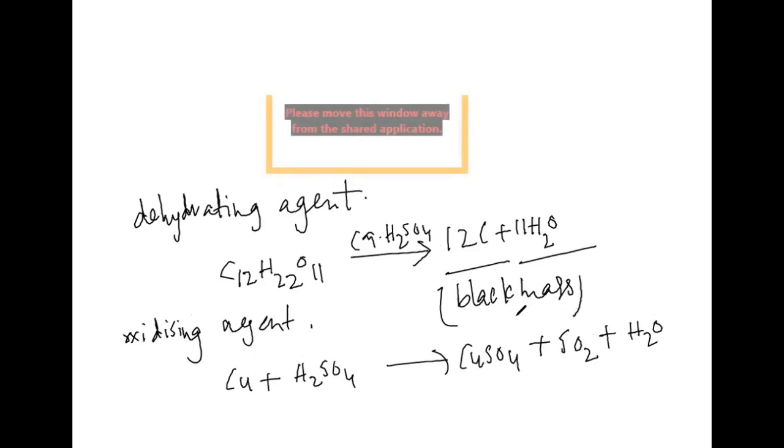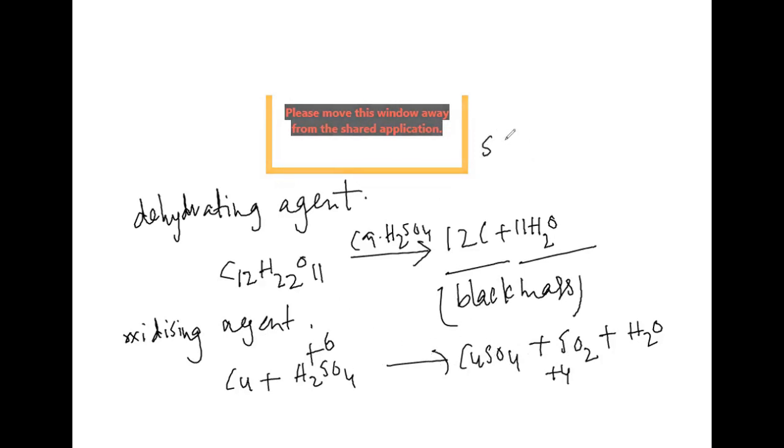The reducing agent undergoes oxidation, the oxidizing agent undergoes reduction, that is a decrease in oxidation number. Here it is plus 6, and here it is plus 4.